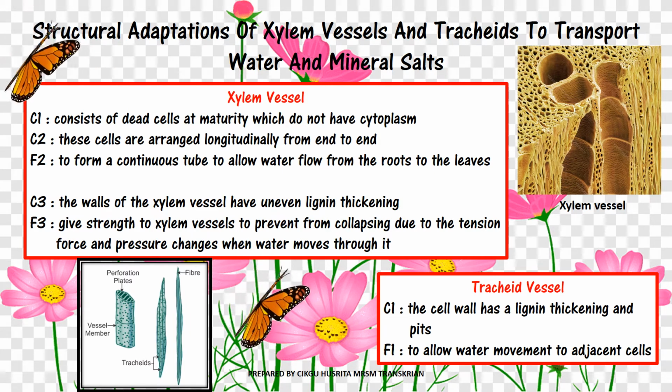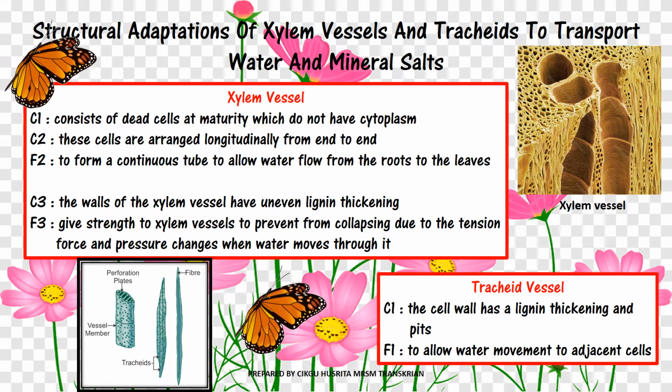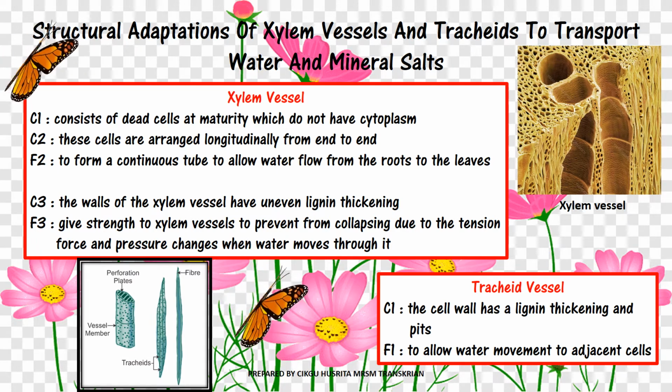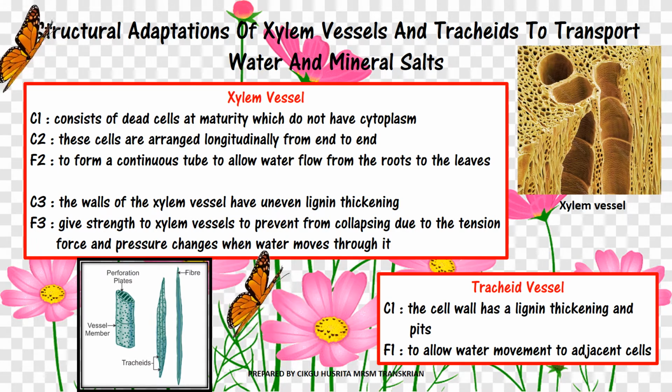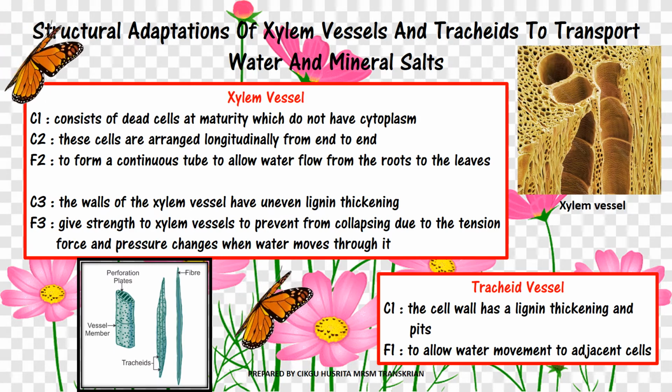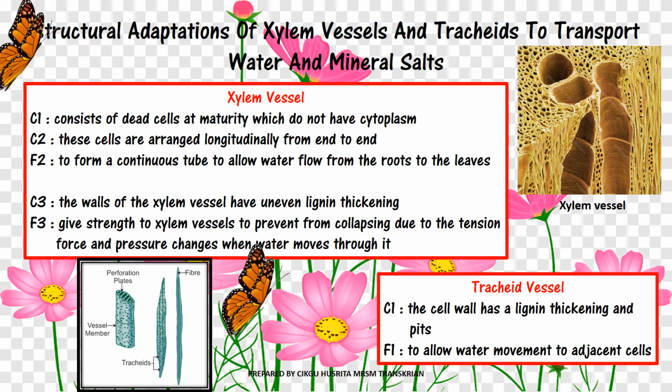The function of the lignin in the tracheid is to allow water movement to adjacent cells. That's why tracheid has a pit. So the water will move side by side, not only upward, but also side by side.